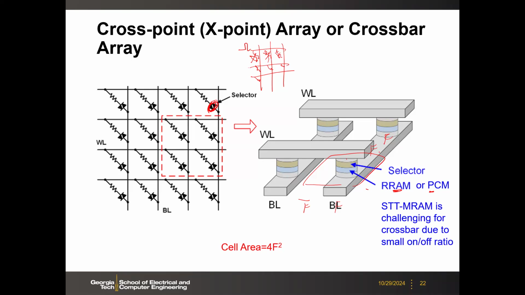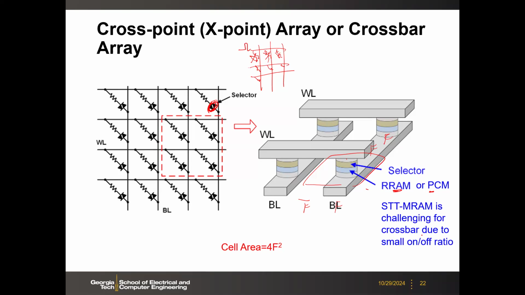So I would say the cross-point array is more compatible with RRAM or phase change memory, because in this case, we need certain on-off ratio to guarantee the sense margin. So the STT-MRAM we discussed earlier, which is similar to the RRAM phase change memory, is a variable resistor, but the on-off ratio, let's say the on-state resistance and off-state resistance, the ratio is only about 2.